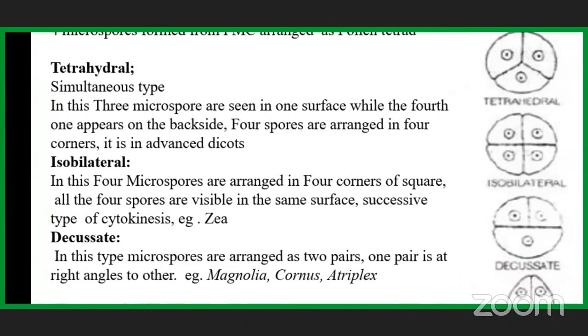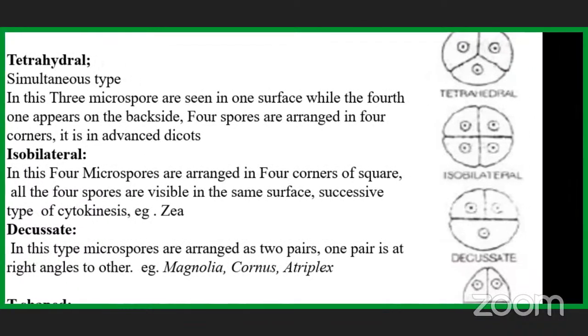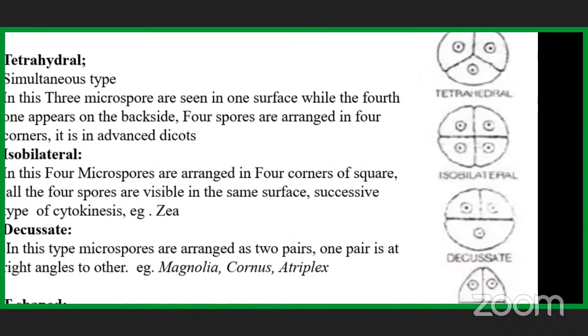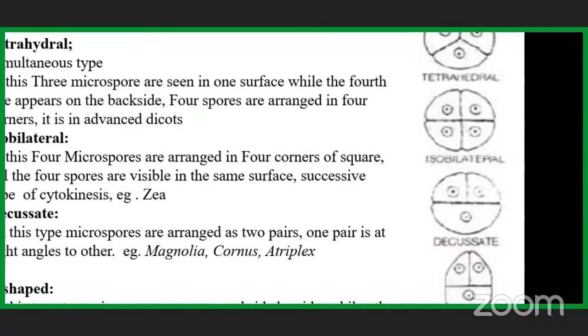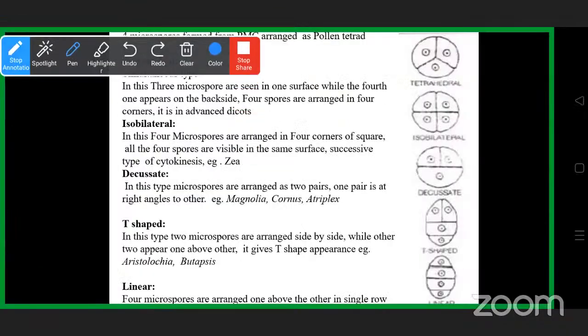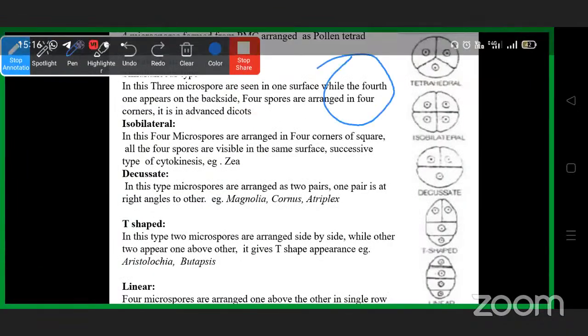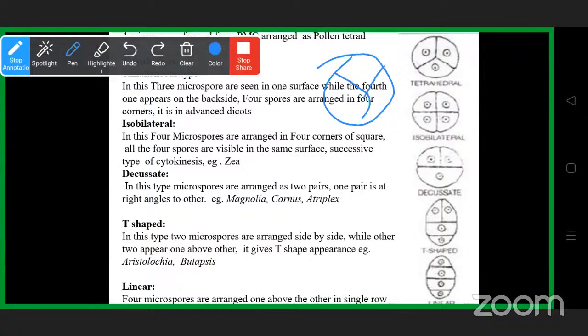Okay, and isobilateral pollens: two pollens are side by side. And decussate: two pollens are horizontal and two pollens are vertical. You can see three sides of the pollen and maybe one back side.